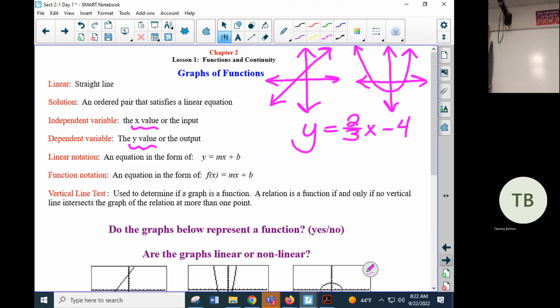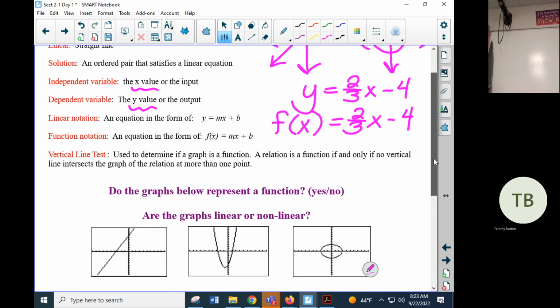And as we go through, you're going to see where they replace your y with f of x. F of x and y really are the same thing. This just means that it is a function with x as your variable. Okay, but y and f of x are used interchangeably. They mean the same thing. Okay, this is function notation, this is linear notation.